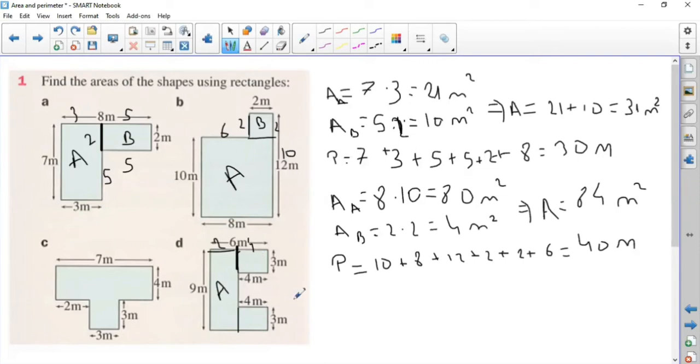Let's say A, B, C. So the area of A is 2 times 9, which is 18 meters squared. The areas of B and C are equal. What is the area of B, Edea?